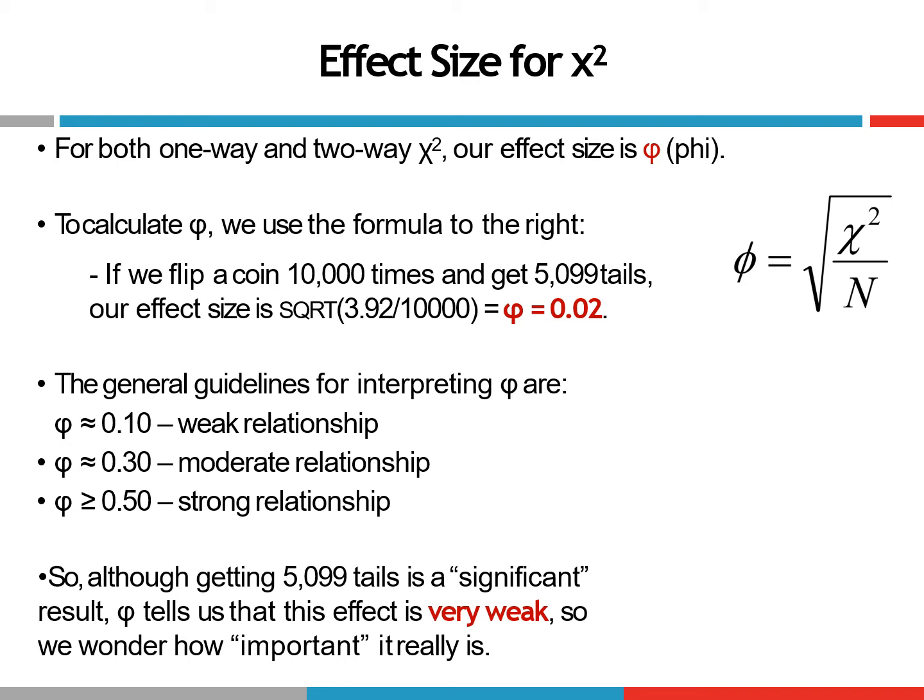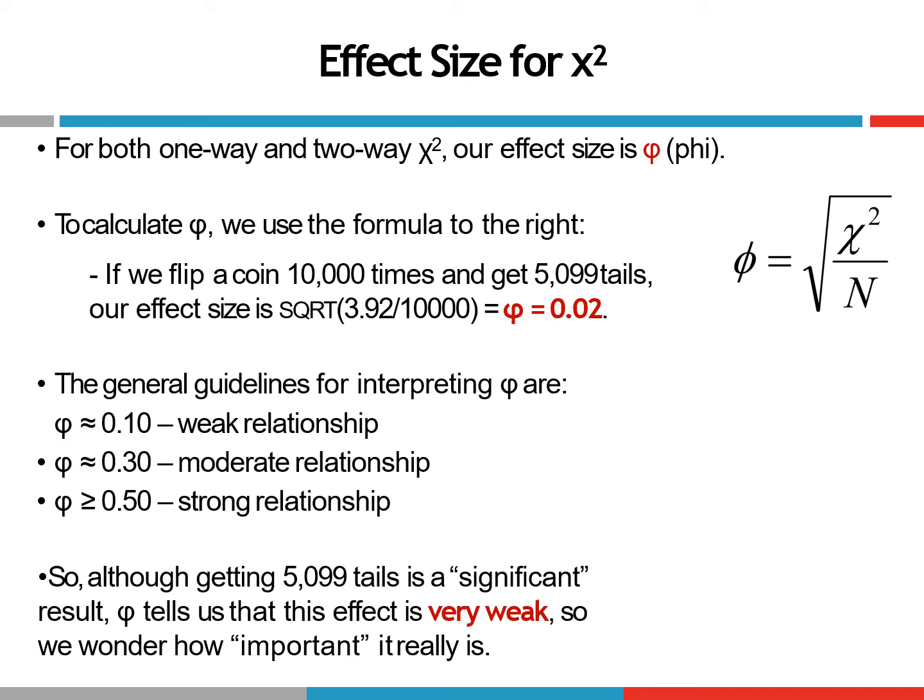So if we flip a coin 10,000 times and get 5,099 tails, our effect size would be the square root of 3.92 divided by 10,000, right? So 3.92 is our obtained chi-square statistic, and 10,000 is our total number of flips, or our N. Okay, so that would give us a phi value of 0.02.